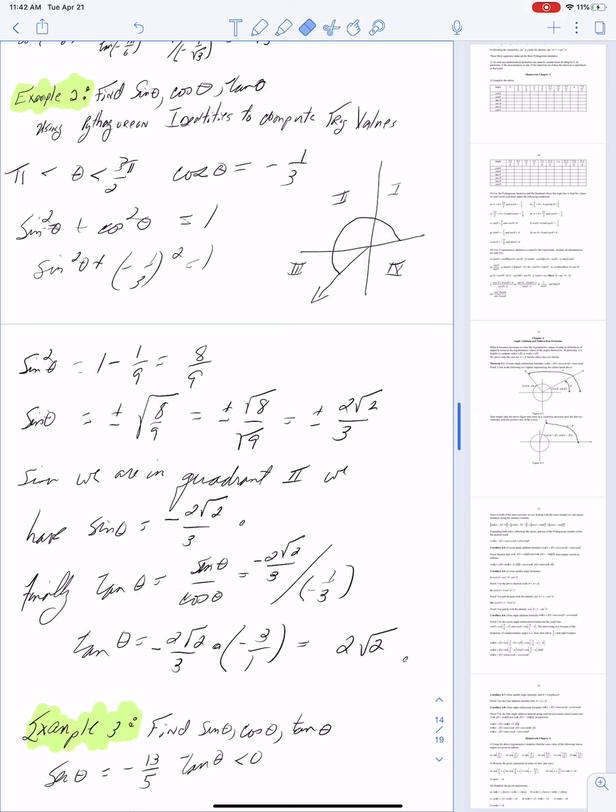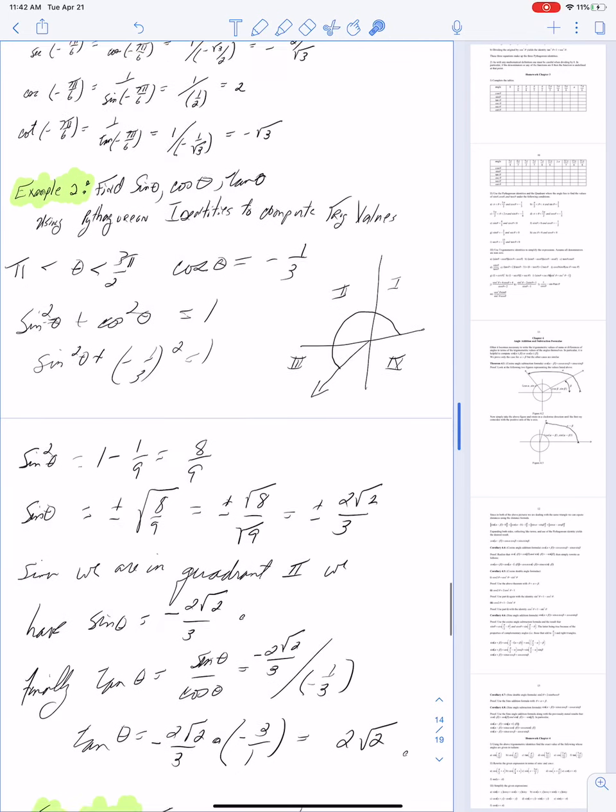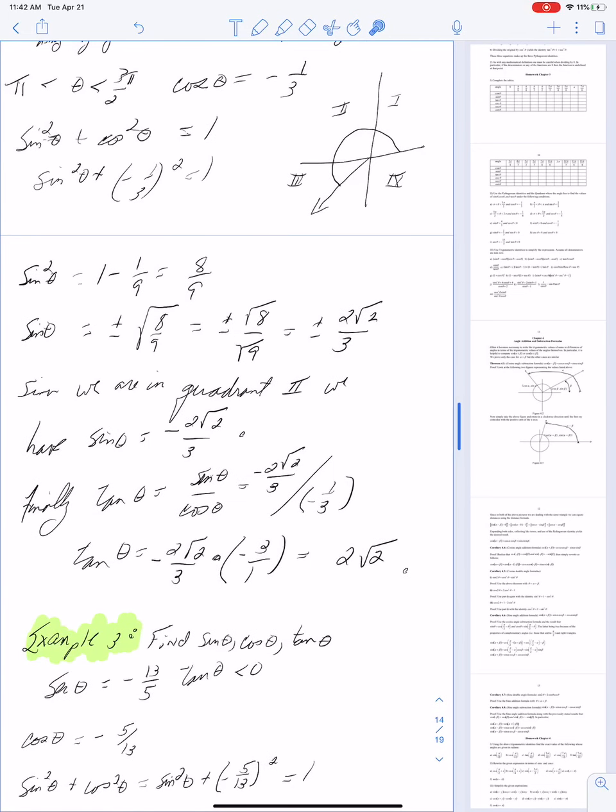And what's my final answer? 2 square roots of 2. All right, so there it is worked. If I am in quadrant 3, then both sine and cosine are negative.